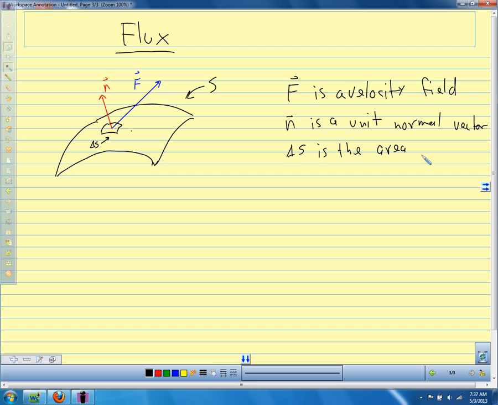So the volume of the liquid that flows through that little piece of surface, per unit time, is going to be F dot n times delta S.